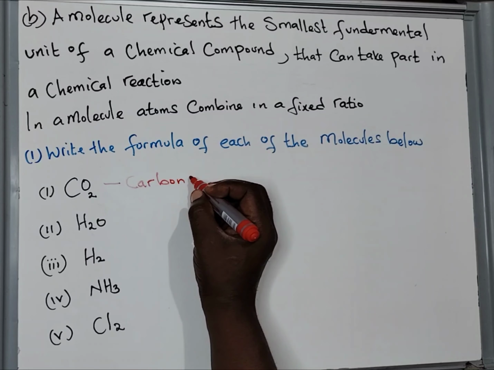Then the next one is this one. What is the name of this molecule? We've been playing with this one. It is water. The next one is this one. What's the name of this molecule? It is hydrogen. The next one is this one.